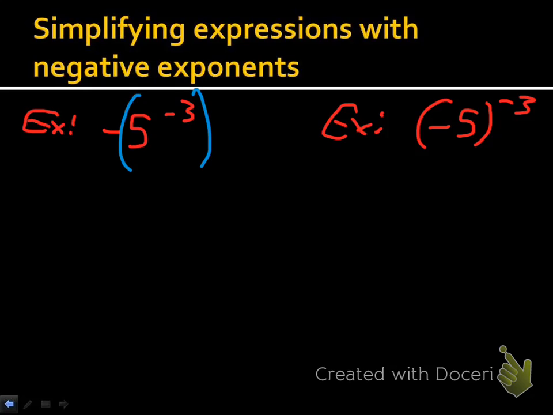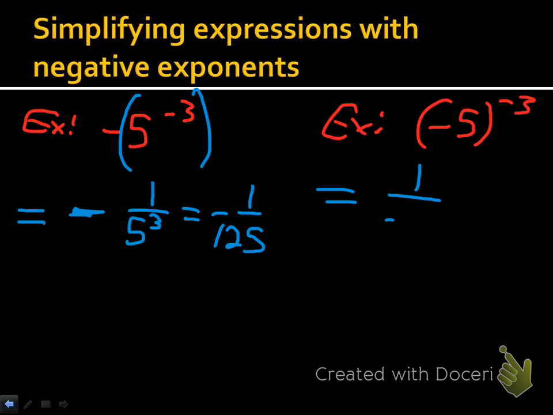So this one is actually negative 1 over 5 cubed, which is negative 1 over 125. The second one is actually 1 over negative 5, that quantity, cubed, which is 1 over negative 125. Now, it turns out that these numbers are exactly the same.